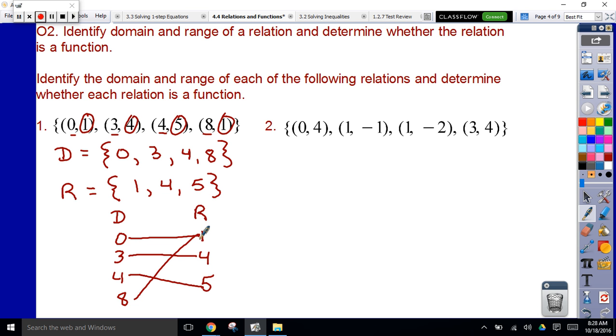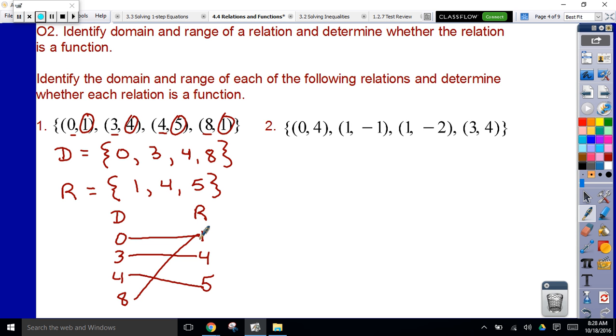Now remember, in order for it to be a function, each input has to have only one output. So is it true of this relation that each input only has one output? Okay, I'm seeing a few different responses. I'm seeing a couple of you nodding your head.